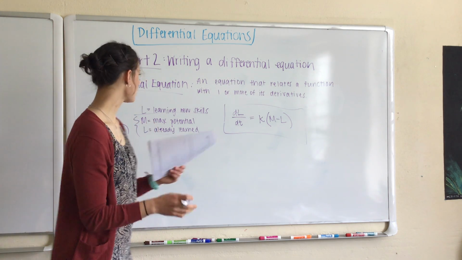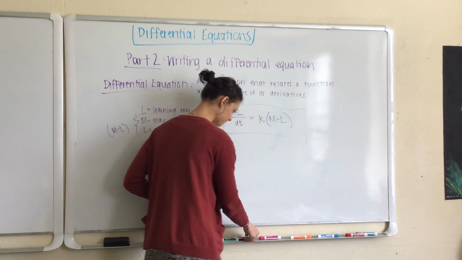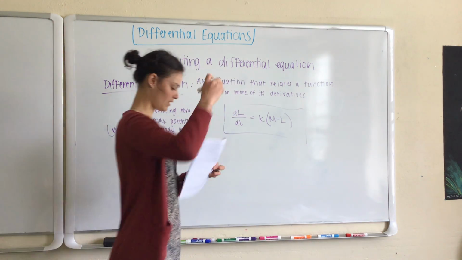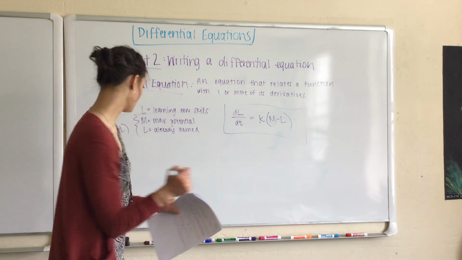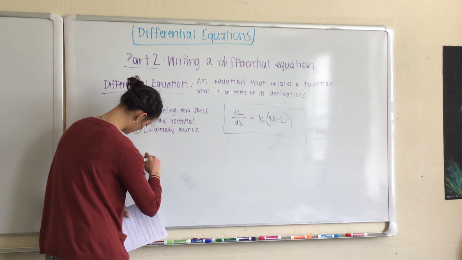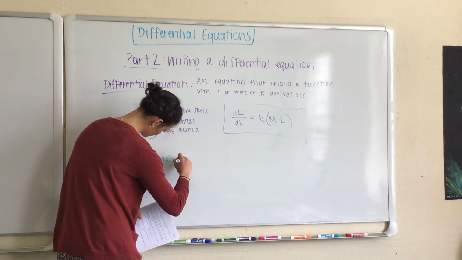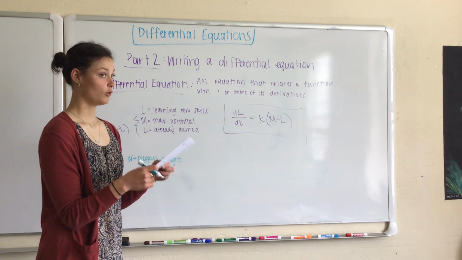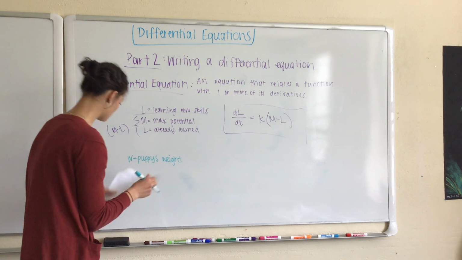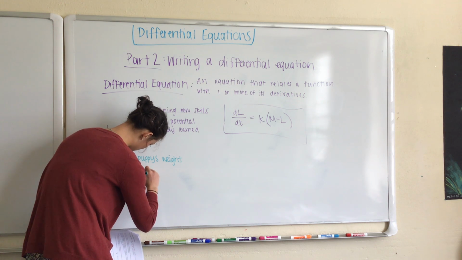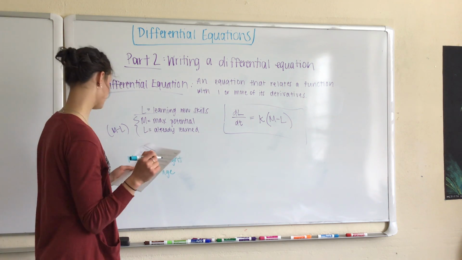Okay, so let's think about number 2. I'm going to switch marker colors because I'm feeling spicy. All right, so a puppy gains weight, W, so they're telling us our variable, W equals puppy weight, at a rate approximately inversely proportional to its age t, so t equals puppy's age in months.